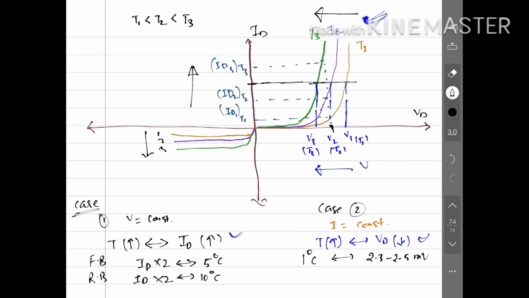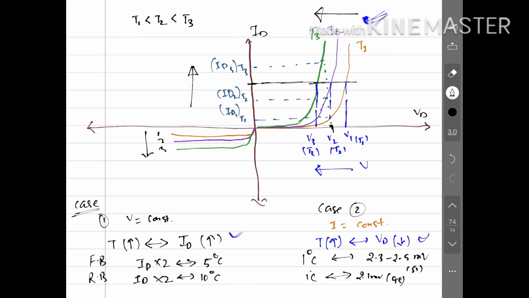So your voltage decreases 2.3 to 2.5 millivolt per 1 degree centigrade for silicon, and for germanium your voltage decreases around 2.1 millivolt per 1 degree.